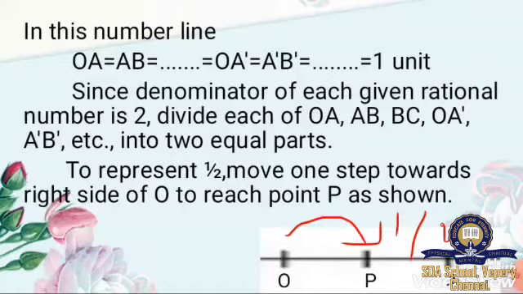So since the denominator of each given rational number is 2, divide each of OA, AB, BC, OA dash, A dash B dash, etc. into 2 parts, which means in this diagram it has O and A. Now when I divide into equal parts and mark it as P, according to this, to represent 1/2 move one step towards the right side of O to reach P, as shown in the picture.